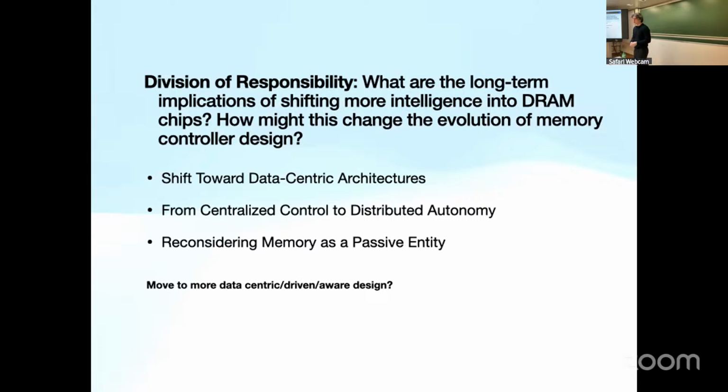This would also allow to distribute control across chips, and it would allow others to think about memory as something else than just a passive entity which performs DRAM commands.